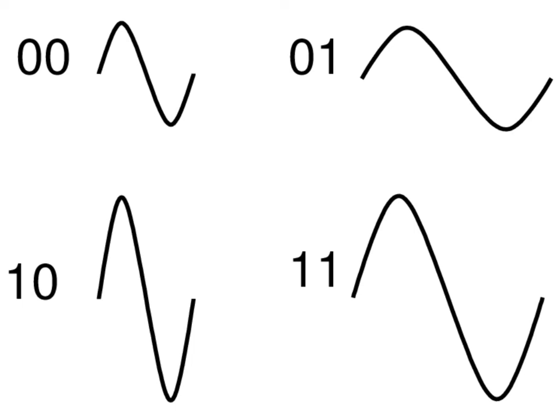In this scheme, I'm going to vary both the amplitude and the frequency. And the definition is shown in this diagram. When I want to transmit the bits 0, 0, I'll transmit a signal with a high frequency and, compared to this one, a low amplitude.